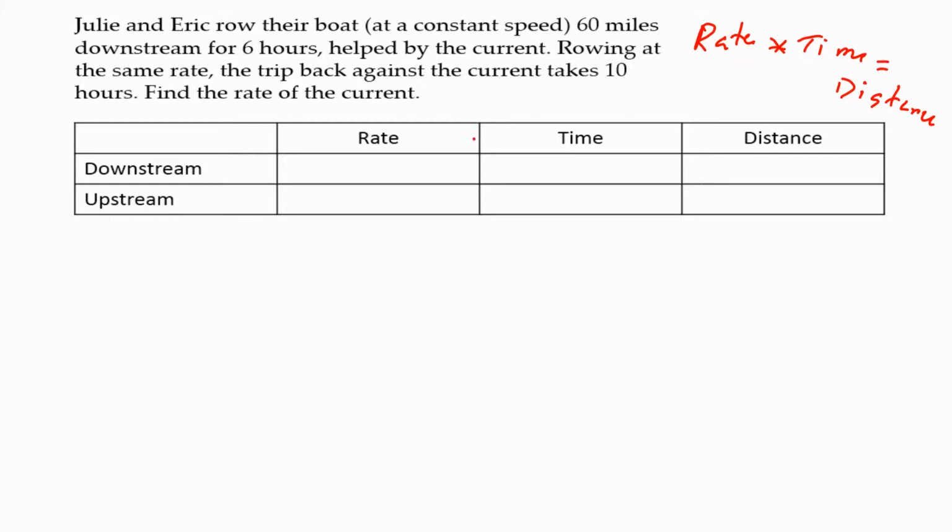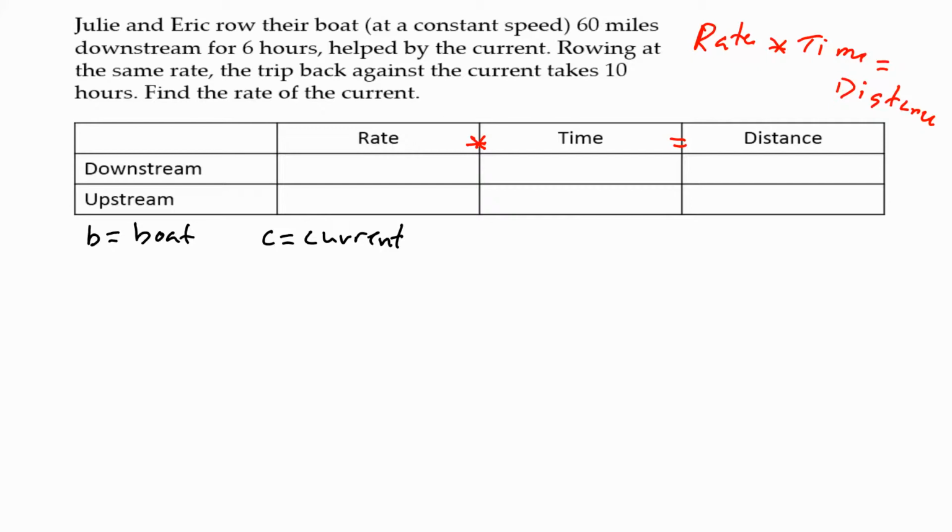So in this problem, we're going to multiply to go across. Now, first thing we want to think about when working with these types of problems is coming up with our unknowns. So we're going to set B equal to the boat, and C equal to the current. Use whatever letters work best for you.